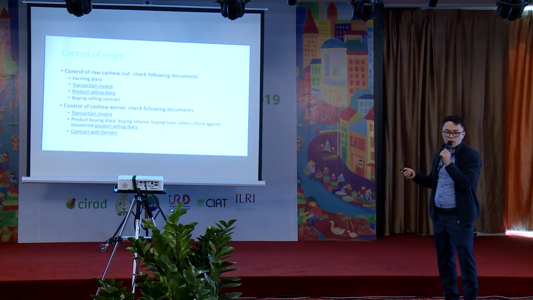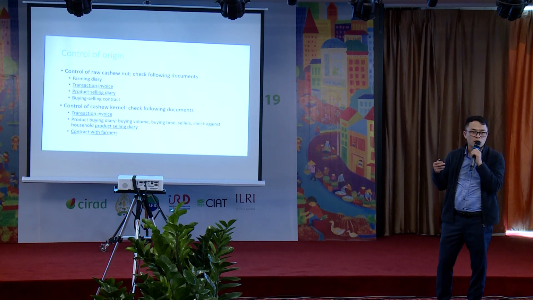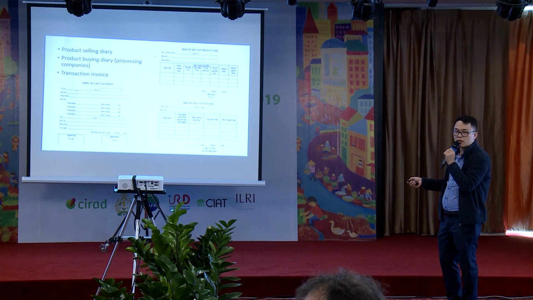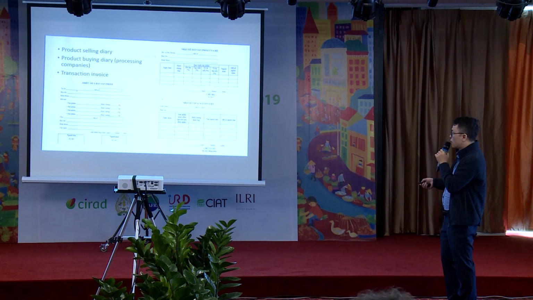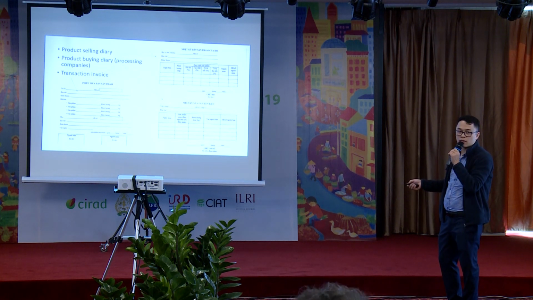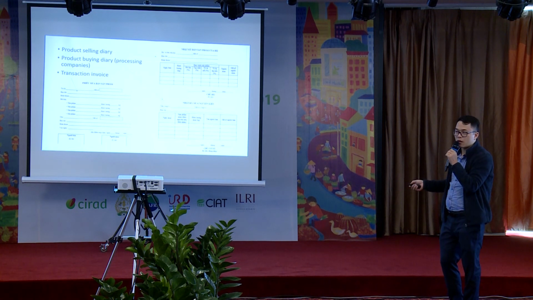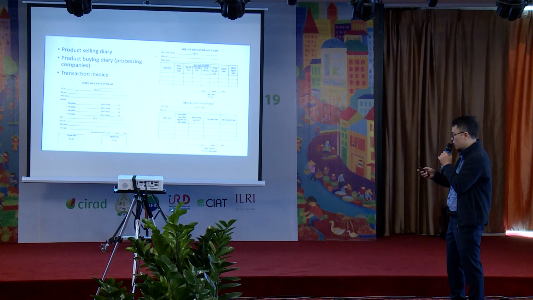Transaction invoice here means when they sell cashew nut to a trader or company, they have to have the invoice. You can see here. This invoice has information on the name, the address, the mobile phone, the product they sell, how much they sell to the trader, and who buys the product from the farm. So all information will be recorded in a transaction invoice.